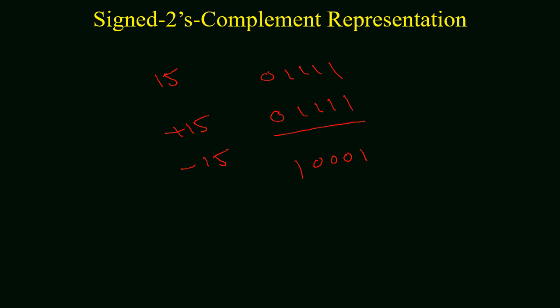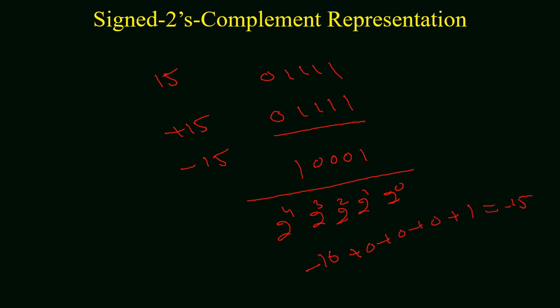Now if we calculate the weight, it will be like 2 power 0, 2 power 1, 2 power 2, 2 power 3, 2 power 4. So 2 power 4 is 16, and it will be minus 16 plus 0 plus 0 plus 0 plus 1, and this will be minus 15.